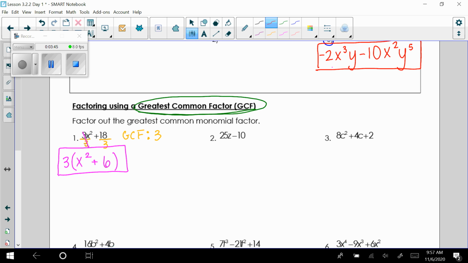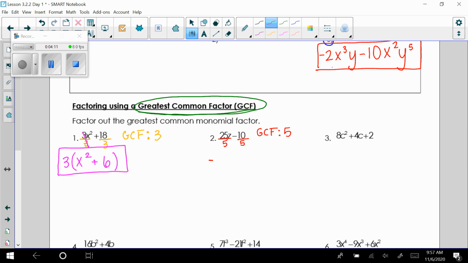If we look at number 2, we have 25z minus 10. So thinking about the numbers 25 and 10, we have to think, what is the biggest number that divides into both 25 and 10? So you can look at your factor chart if you need to, but the biggest number that divides into both of these is going to be 5. So what we can do is we're going to divide both of these by 5.